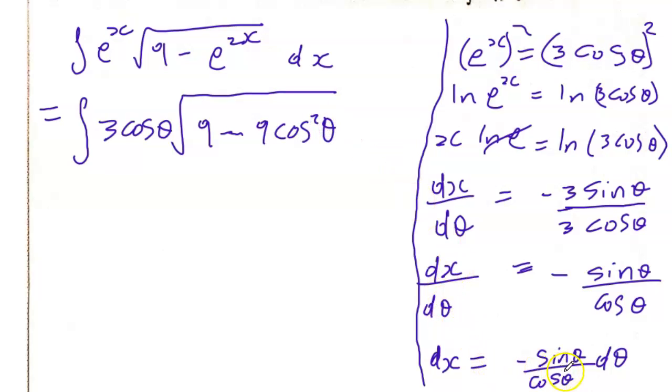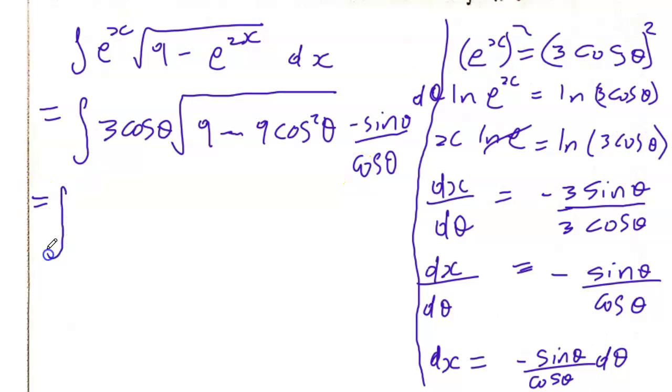And dx by d theta will be minus sine theta over cos theta times d theta. Alright, let us continue.